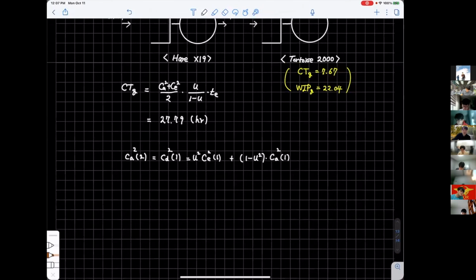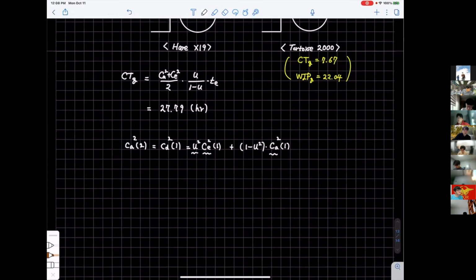And we know the utilization of hair X19. Also, we know the CV of the working time of hair, and also the CV of the arrival rate of the hair X19. So if we calculate this formula, then it becomes 5.8261.